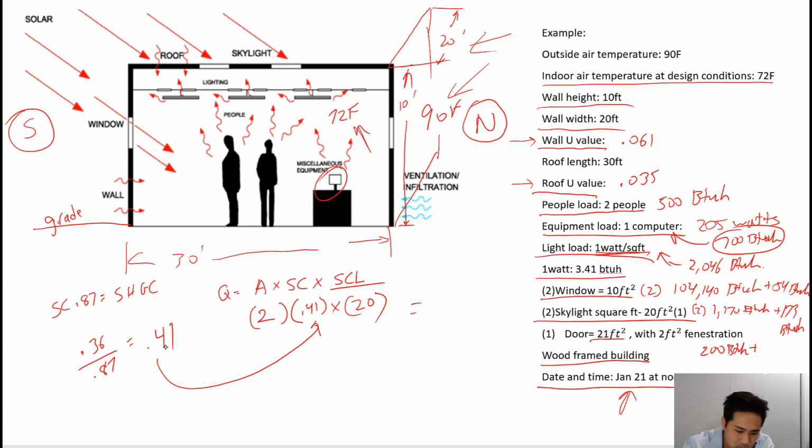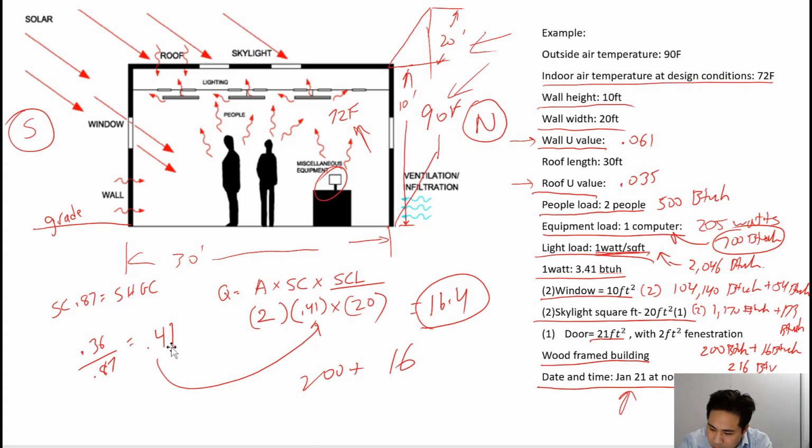And that will equal to 16.4. I'm just going to round that to 16. Okay, so the total for the door is going to be 200 plus 16, or 216 BTUs per hour.